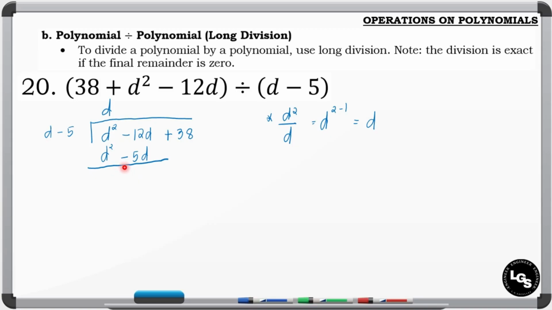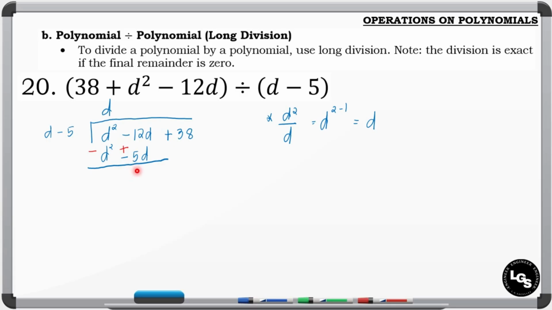In subtracting, we change the sign of the terms, then proceed with addition. So let's change the sign of this. The negative 5d will become positive. Then positive d squared, there is an imaginary positive sign here, this will become negative. Then proceed with the addition operation. So negative 12d plus 5d.